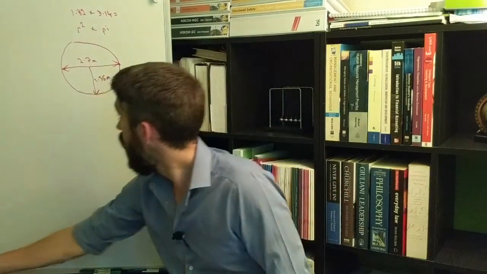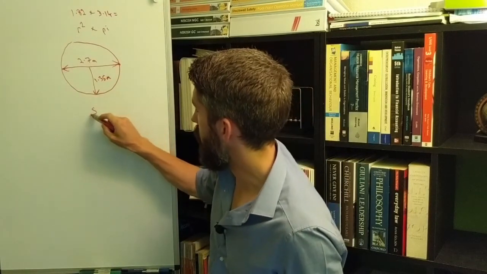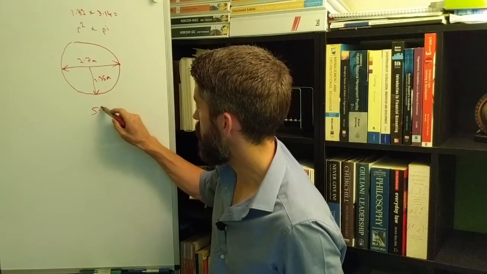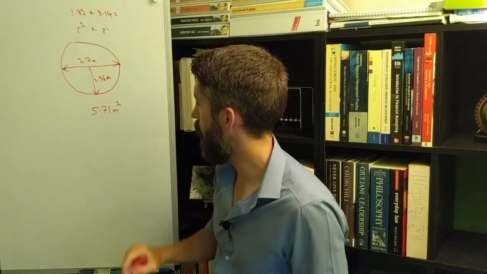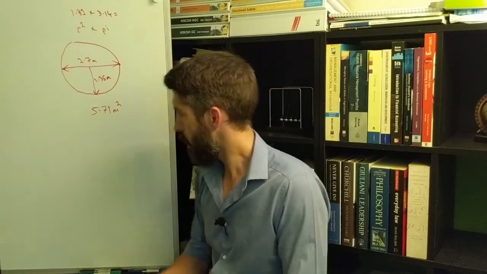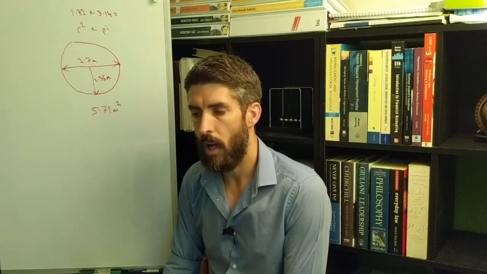So the surface area of that filter is 5.71 meters squared.